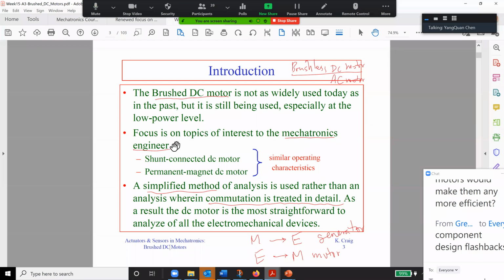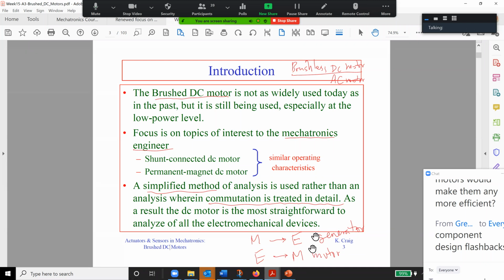For mechatronics engineers, we should consider shunt connected DC motors and permanent magnet DC motors. They have similar operating characteristics. So basically, a motor turns electrical energy into mechanical energy, or mechanical energy into electrical energy. So these two can be interchanged.